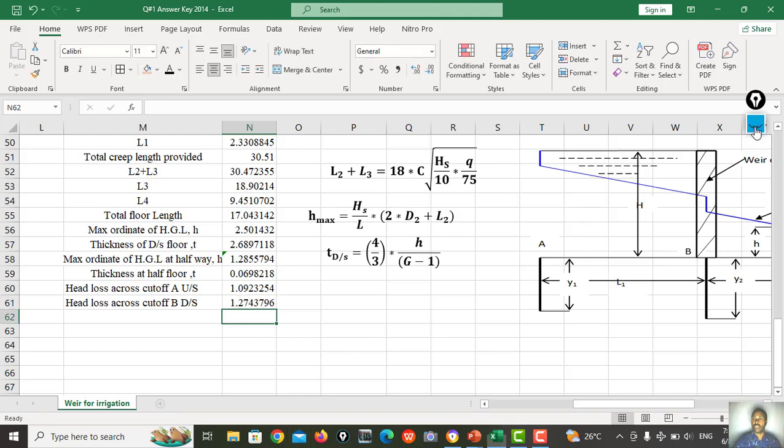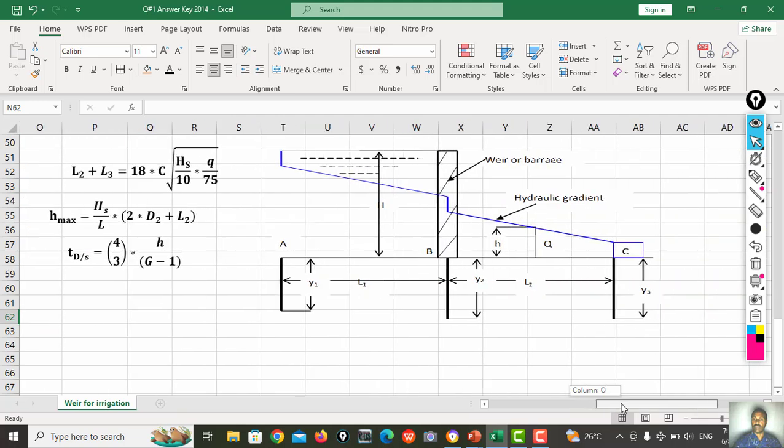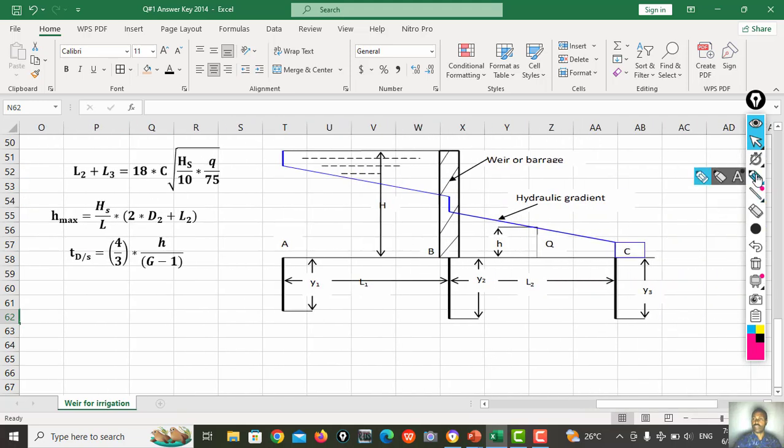So these are the head losses through the cutoffs, here and again here. These are the head loss across the cutoffs A and B. Clear? Cutoff A and cutoff B. So we can calculate like this.